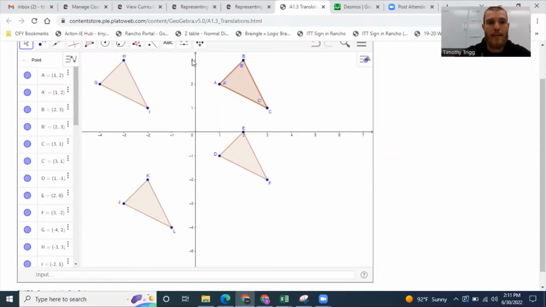Well, notice B is at a y coordinate of 3, but E is at a y coordinate of 0. So I need to move it down by 3 to coincide there. And the same is with C, right? Notice C went from +1 here to -2. So that's downwards of 3. Same with A. So each point is translated downwards 3 units.